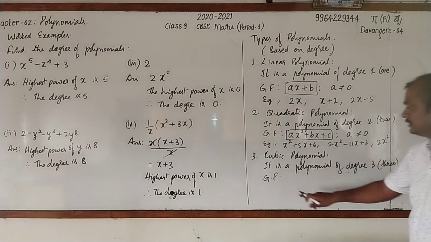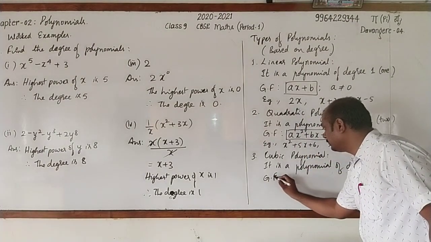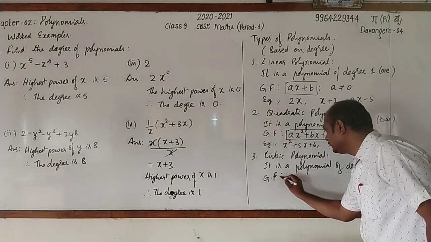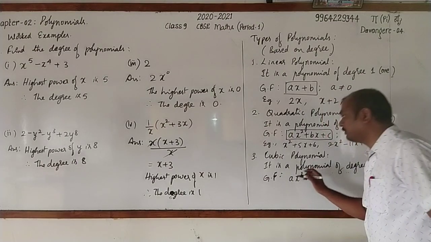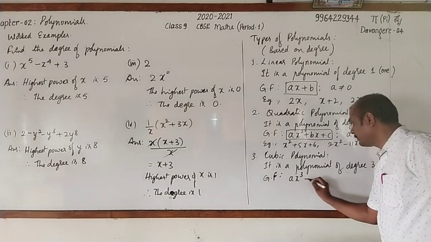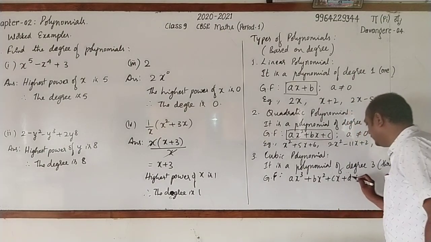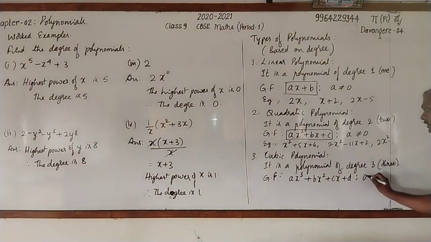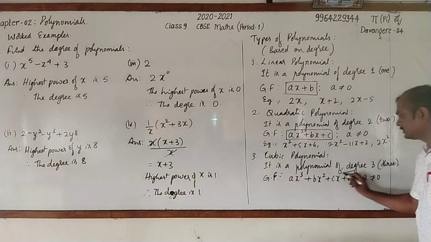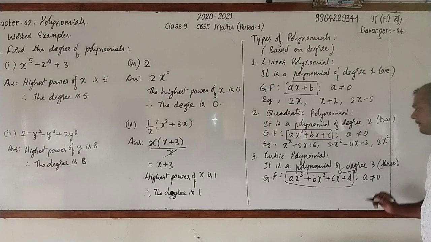And what about cubic polynomial? Its general form is ax raised to the power 3 because it is cubic, plus bx square plus cx plus d. Again, what is the condition? a is not equal to 0.